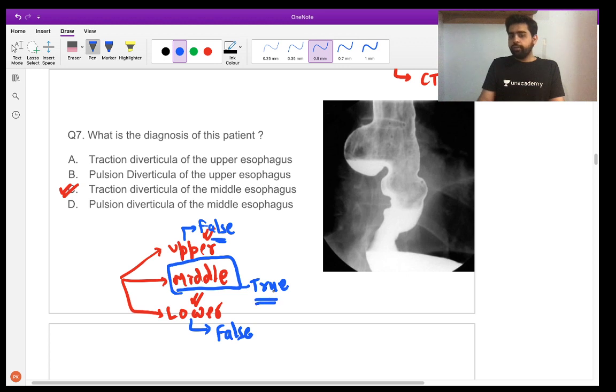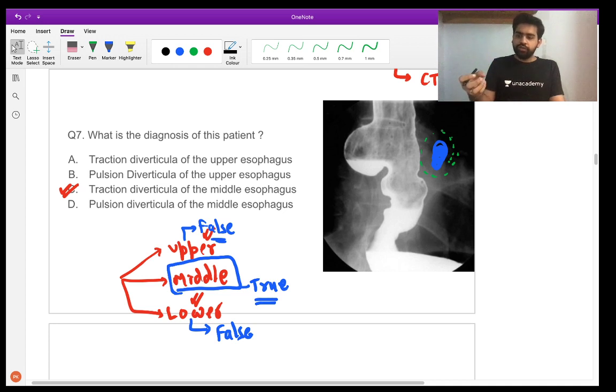And why are they formed? They are basically the traction diverticula. Let's say a patient has hilar adenopathy or some infection. Because of this, the lymph nodes will be enlarged, and there will be lymphadenitis around the lymph node. These will get attached to the esophagus because they are in close vicinity, and when the infection heals, it undergoes fibrosis.